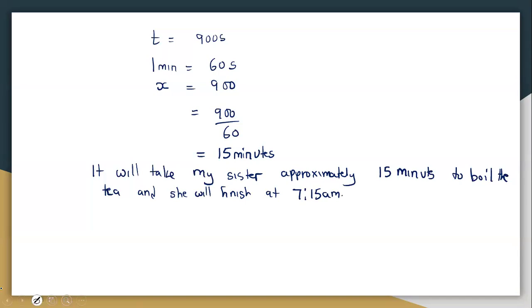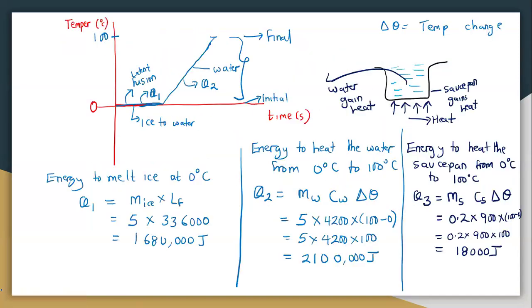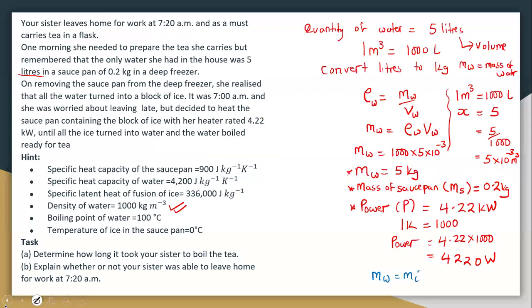Then when you look at part B, it wanted us to explain whether or not your sister was able to leave home for work at 7:20 a.m. Since the time we have found is 7:15 a.m., your response is going to be yes, my sister will be able to leave home for work at 7:20 a.m. Why?